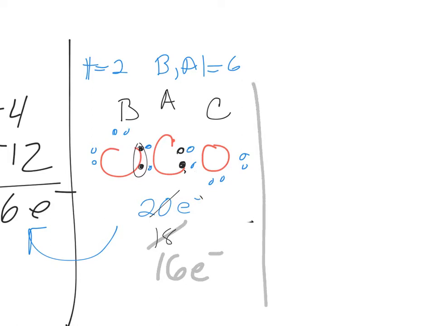You're going to see a better depiction of this when I clean this slide up a little bit. This is now going to look like this. I'm going to count 2, 4, 6, 8, 10, 12, 14, 16 electrons. Everybody has 8 electrons.